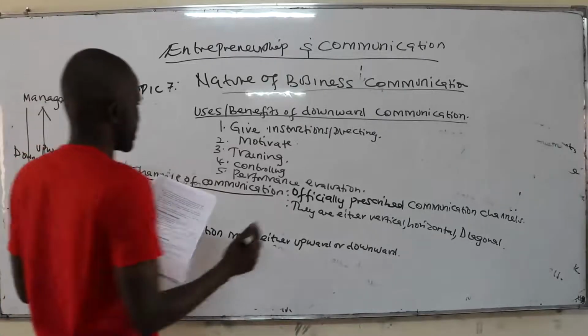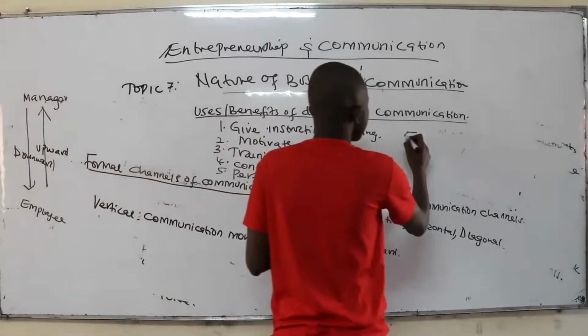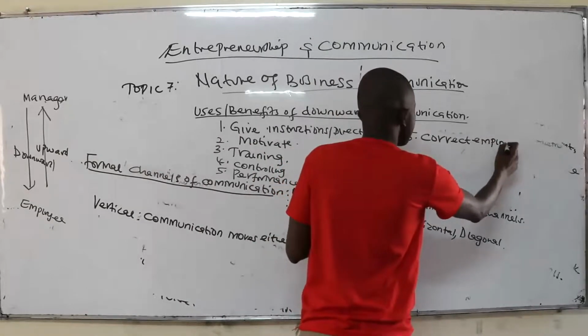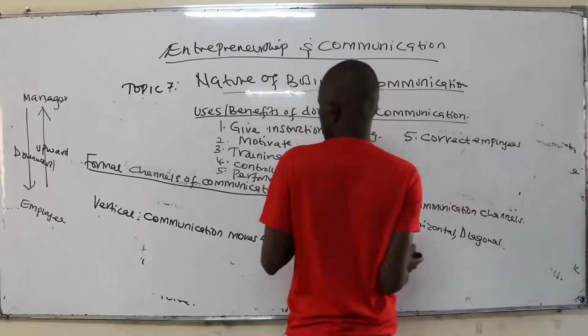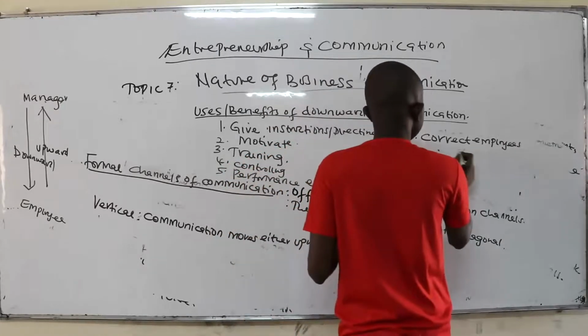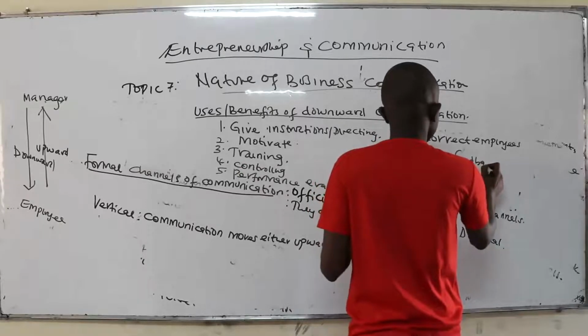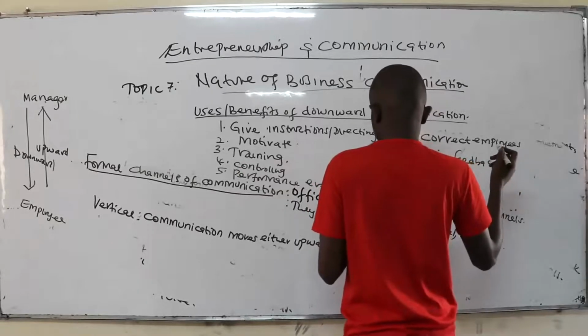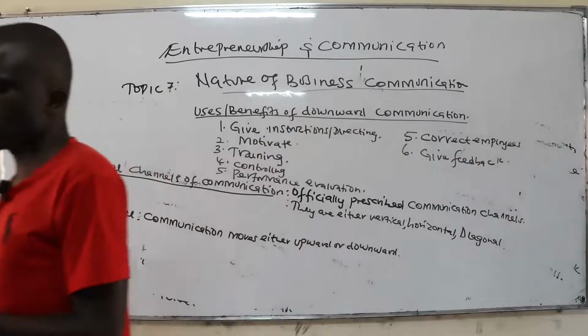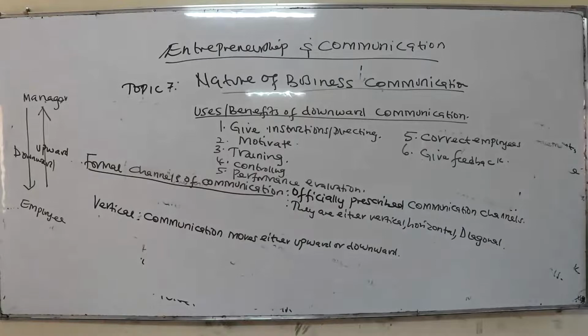To correct employees. To give feedback. Those are the reasons why the manager will communicate downward.